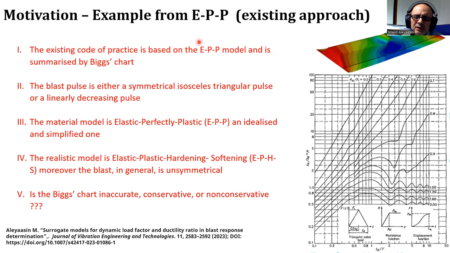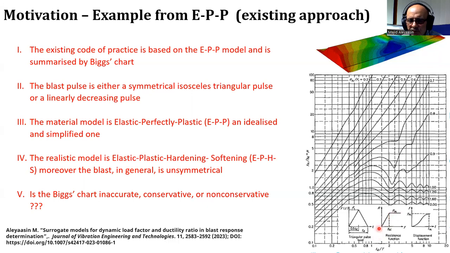Obviously, my talk is based on single degree of freedom, and how accurate this single degree of freedom can be. The existing code of practice is the EPP model, meaning we have an elastic part. The material is partly elastic, obviously. When the load is severe, it goes to plastic deformation, but it is perfectly plastic without resistance.